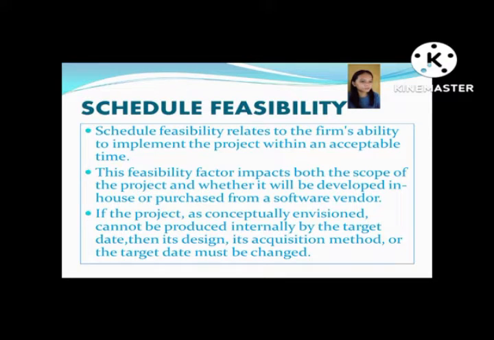This feasibility factor impacts both the scope of the project and whether it will be developed in-house or purchased from a software vendor. If the project, as conceptually envisioned, cannot be produced internally by the target date, then its design, its acquisition method, or the target date must be changed.